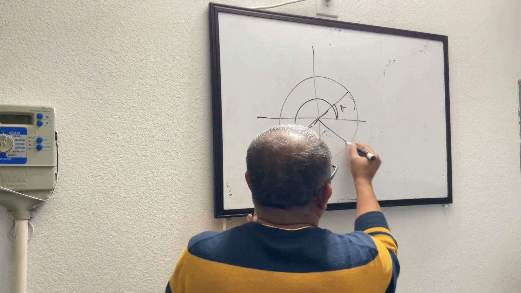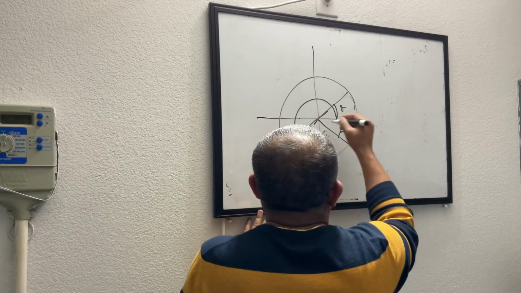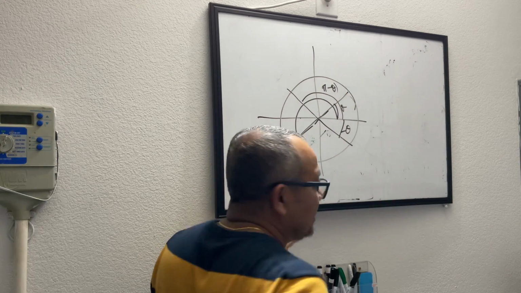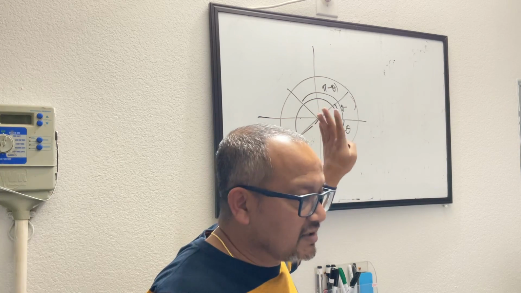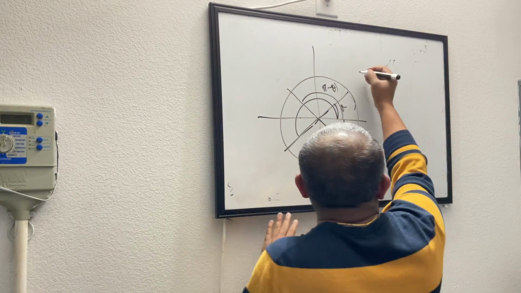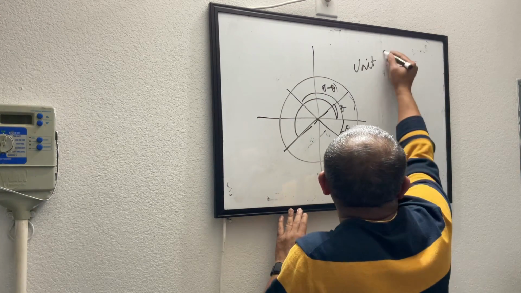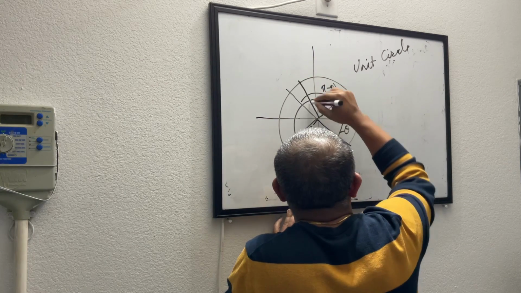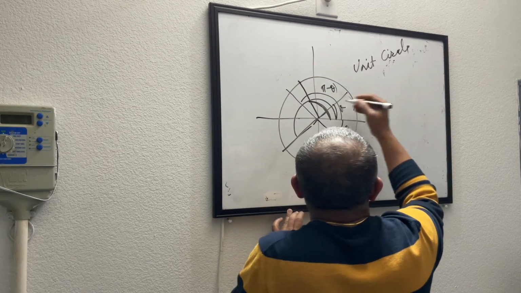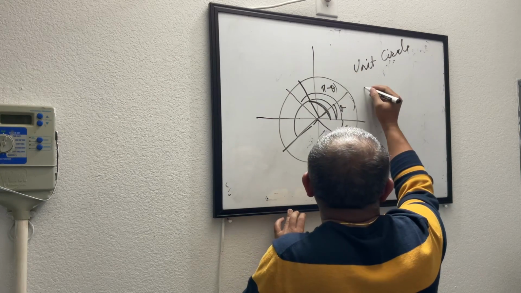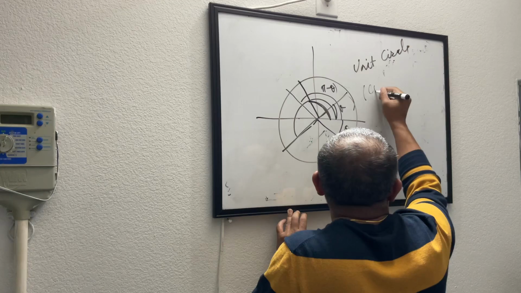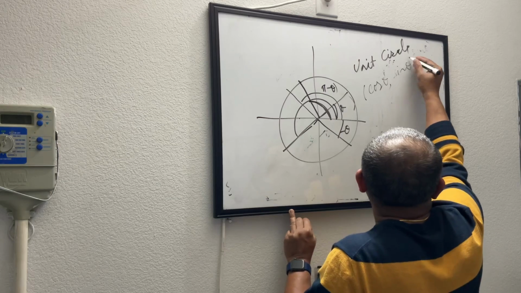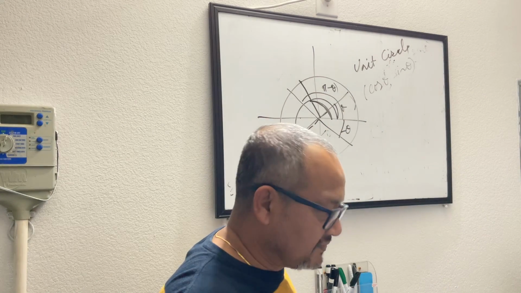If I reflect this one, this will be minus theta. And if I extend this further, this angle from here will be pi minus theta. As long as you have these things clear in your mind, and you know that the unit circle says that if you pick any point along the perimeter, whatever angle it makes with the positive x-axis will determine the x and y coordinates. My x coordinate will be cos of that angle that it makes with the x-axis, and the y coordinate will be sine of that angle. And then everything else you can derive.